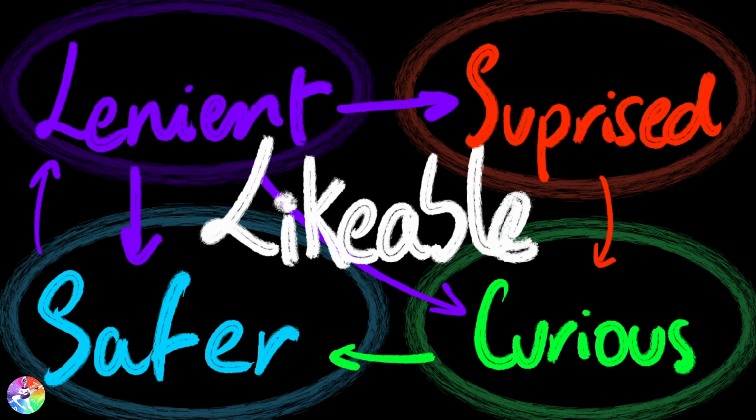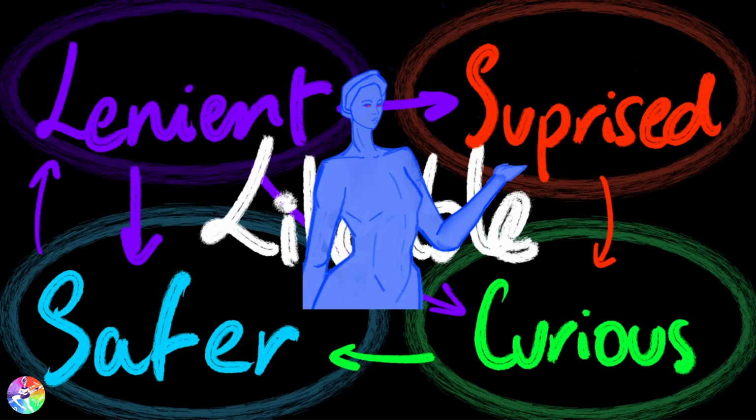The most common reaction will be surprise. It's not common to be facing a character who does not judge others. Then this surprise can be expressed with different degrees of aggressiveness or passivity.